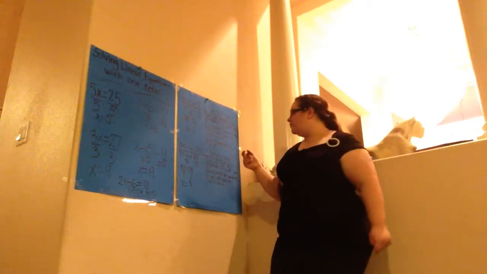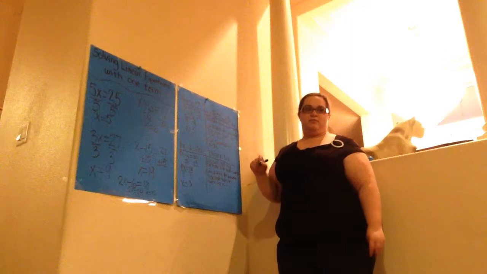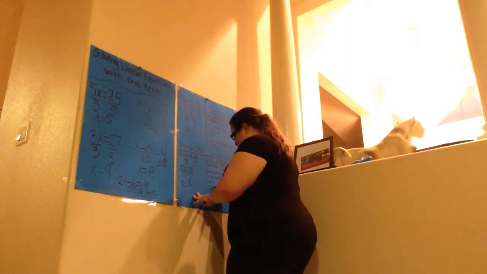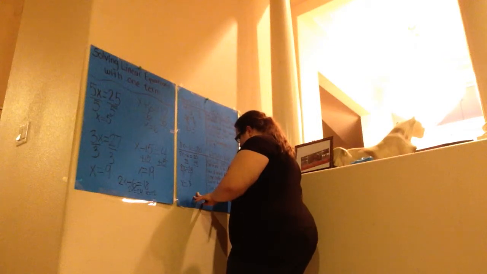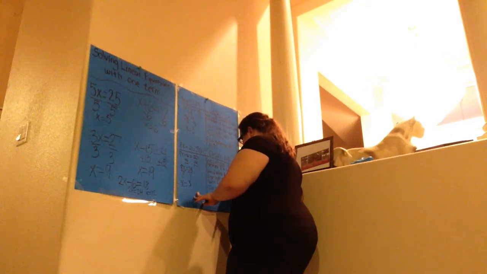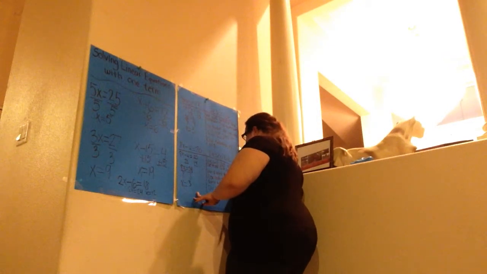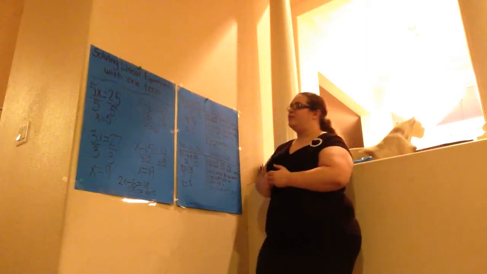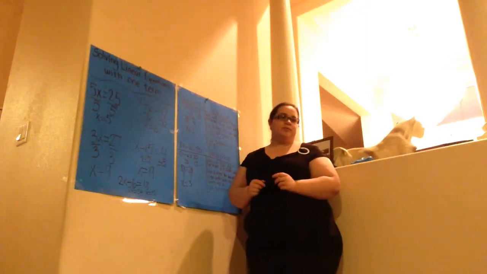And then, of course, after we did that, what is our solution? x equals 3. Very good. So our solution is x equals 3. Do we have any questions on how we can solve these type of linear problems?